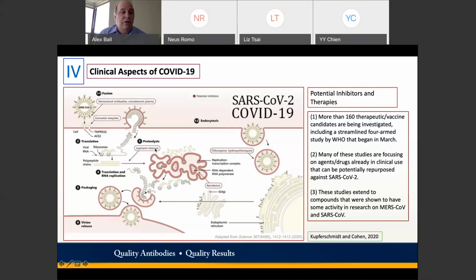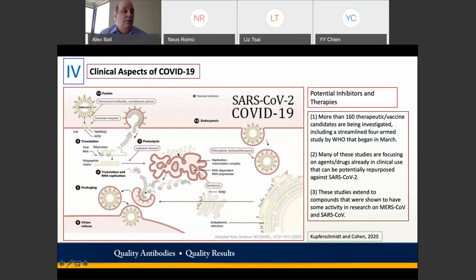Then there are chloroquine and hydroxychloroquine, which function to increase the pH of the endosome and potentially block viral uncoating and processing so that it cannot replicate. These have not been shown to be effective and have actually been shown to be potentially quite dangerous.